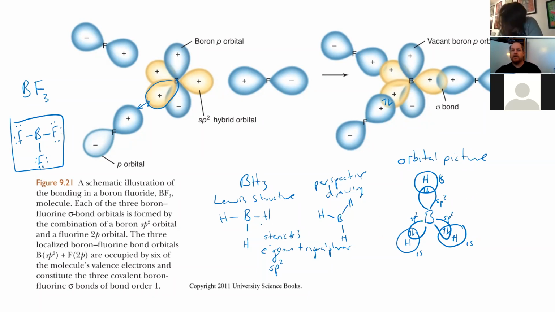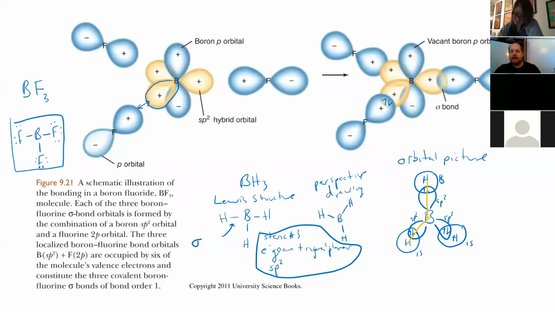Now, when we look at these bonds, just from that Lewis structure, we should be able to describe that bond as a sigma bond. The sigma bond, remember, comes about where if you were to draw an axis between the bonded atoms, a line between the nuclei, the hydrogen and the boron in this case, that would be one of our bonding axes.